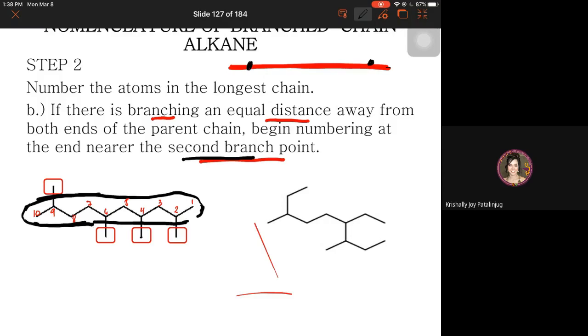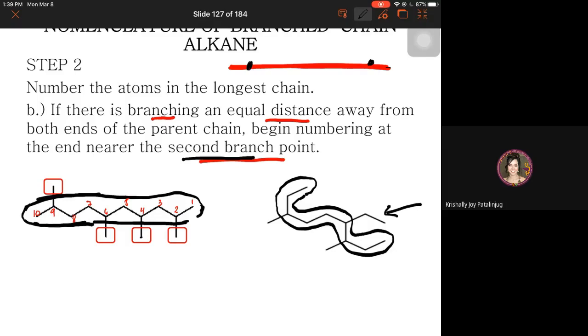Sige, proceed ta sa second molecule. Okay, so second molecule. For the parent chain, sige, ito yung parent. Hindi siya pwedeng parte ng parent.